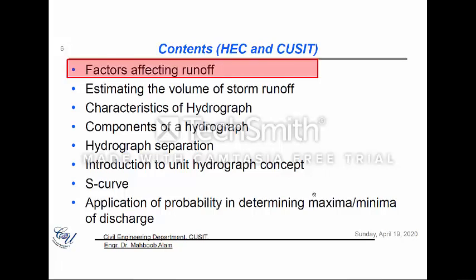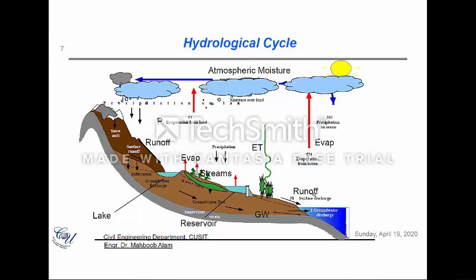So let's start with factors affecting the runoff. You see, we looked into this diagram quite a lot. We looked at evaporation and the runoff process and precipitation. So components of the hydrological cycle have been looked into in quite some detail, and today we are going to look into the factors that are affecting the runoff process. So this is our runoff that is occurring from a certain area.